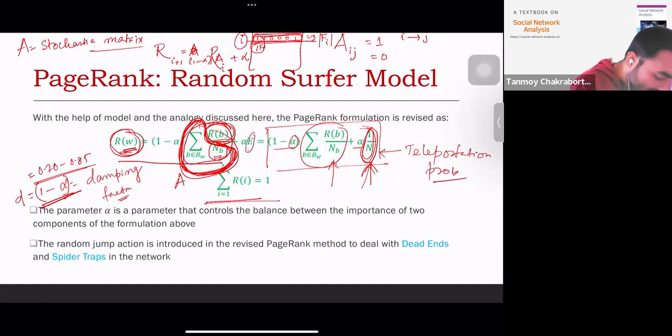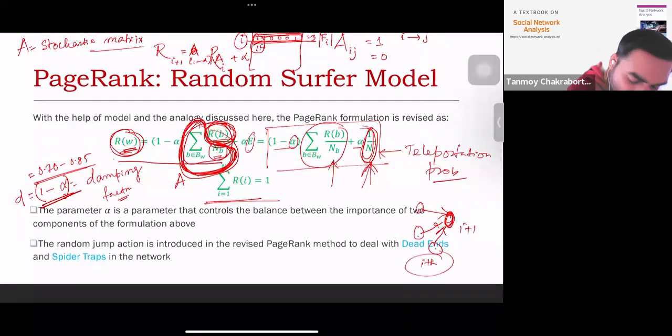Because at the ith iteration, you know the impact of these neighbors. So when you want to update the impact of this node at the I plus 1th time, you take into account the impact of its neighbors at the ith time.